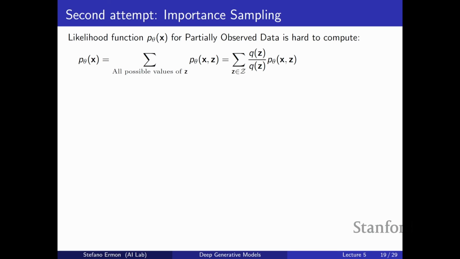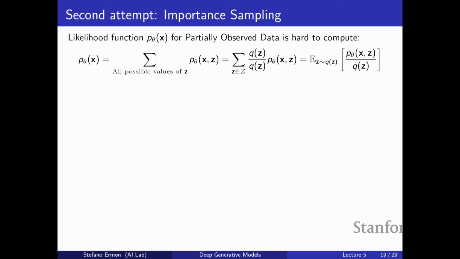This is 1, so multiplying and dividing by Q is fine. Now again, we're back to the setting where we have an expectation with respect to Q of this ratio of probabilities, the probability under the true model and the probability under this proposal distribution, or this way that you're using to guess the completion for the latent variables.